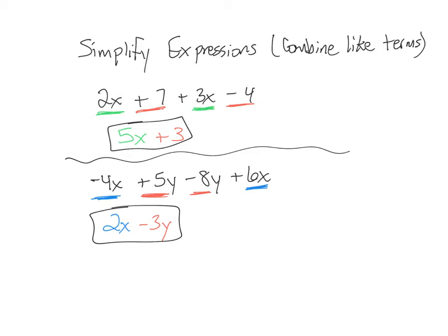Let's go to the next one. You will have some that have 3x plus 4 plus 5 minus 2x minus 6 plus 4x, where there's more than just 2 of something.